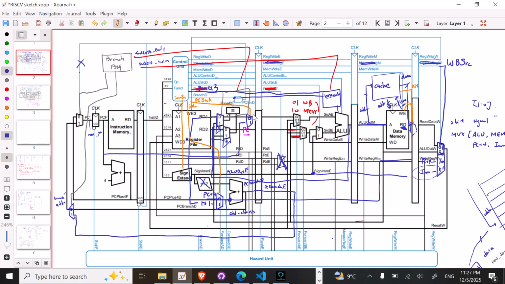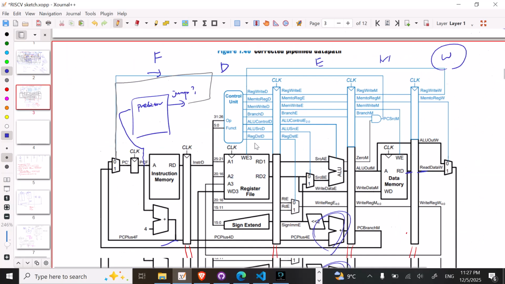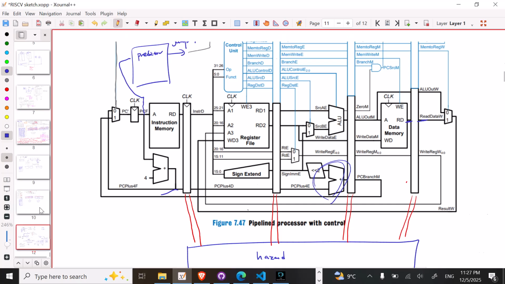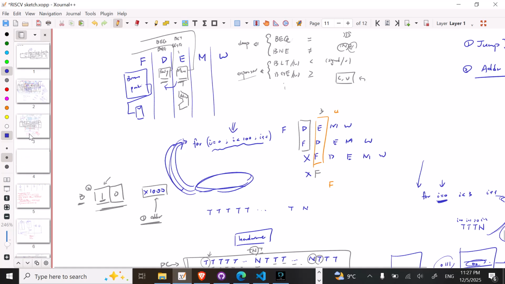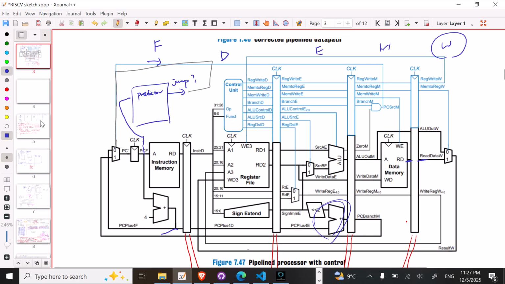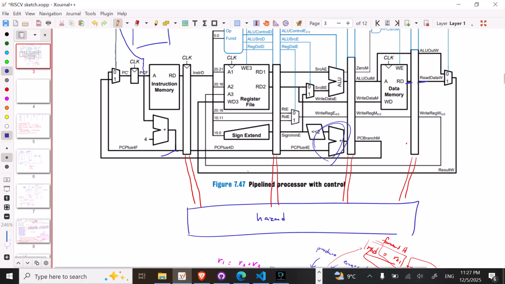But that still doesn't solve the problem significantly, because as you can see, we still suffer from this bubble issue. I know I can jump, but I still have to wait because I don't know my address, because my add only happens after, and my immediate only comes up after.